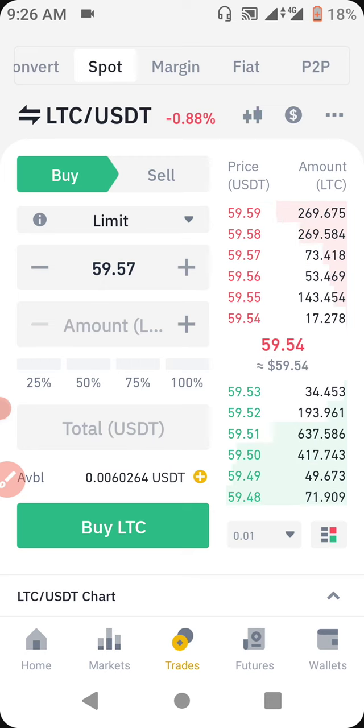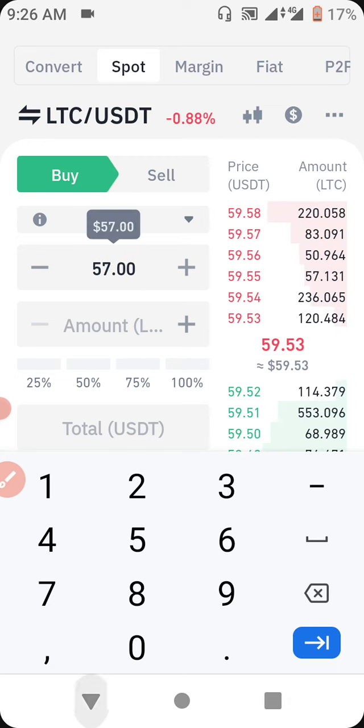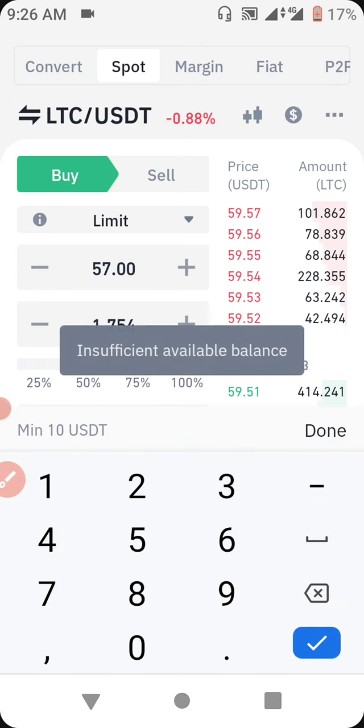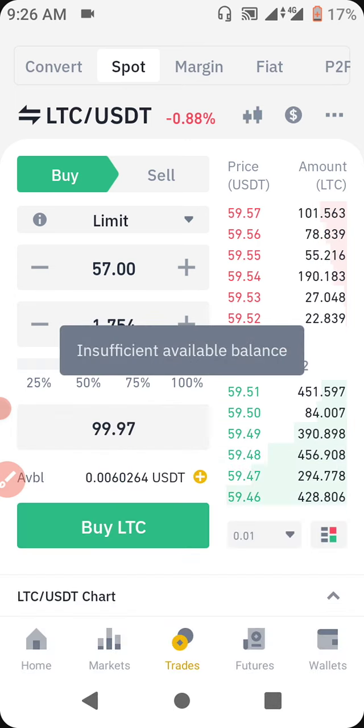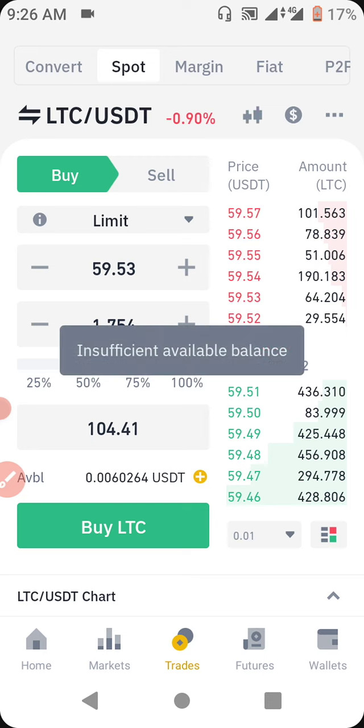So let's say the price is about 59 points. You can put this price at $57, 57.00, and you buy 100.